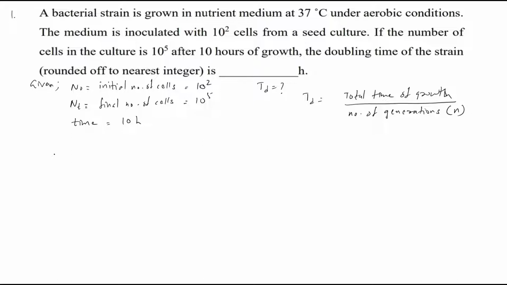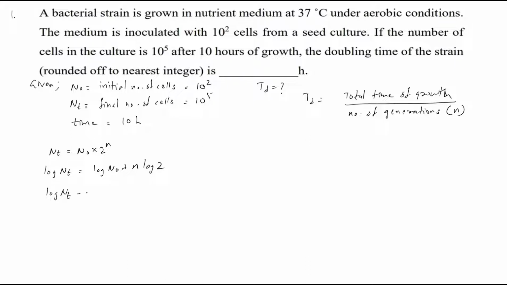To find out the number of generations, the formula is Nt is equal to N naught into 2 to the power n. We will multiply log on both the sides. After that, we will move log N naught to the left side.